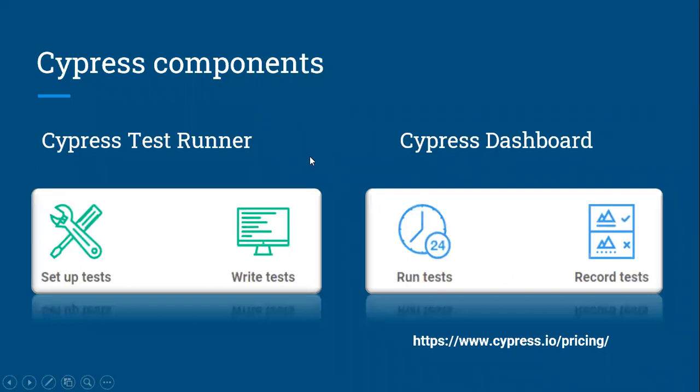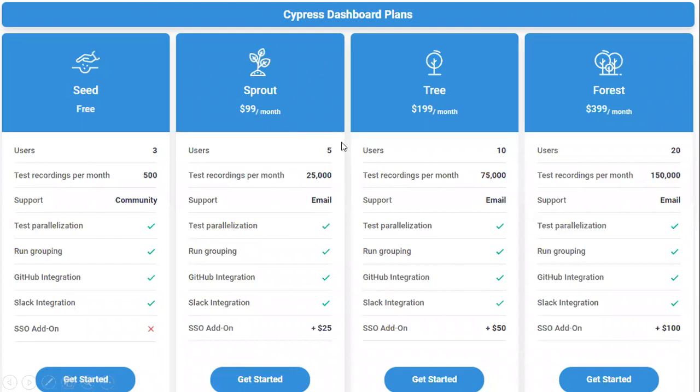So with the Cypress Test Runner, you have all that you need to write the test script. If you want to get more information about Cypress Dashboard, you can visit this link. And here are some packages for Cypress Dashboard.